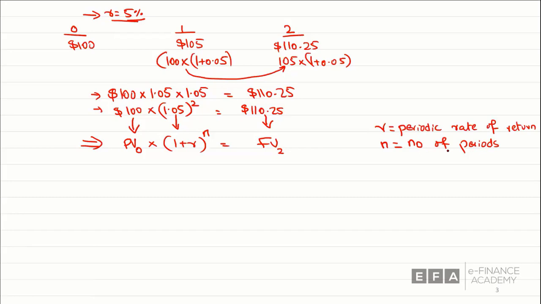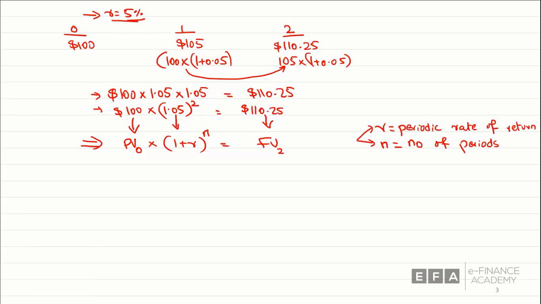If it's monthly, this becomes number of months. If it's daily compounding, this would become number of days, and so on. So make sure you know that these two things are both periodic in the question. They are not necessarily annual. All right, I'll come back to this formula later on, and as I said earlier, we'll be looking at it several times throughout the whole reading.